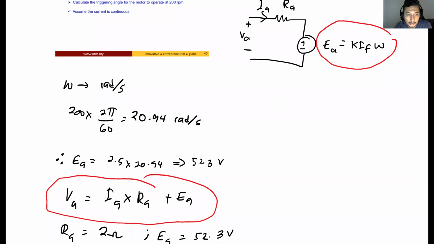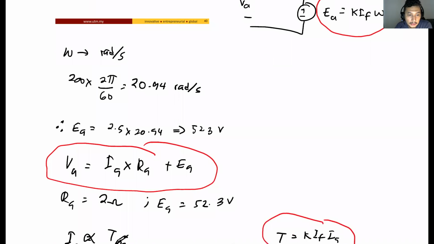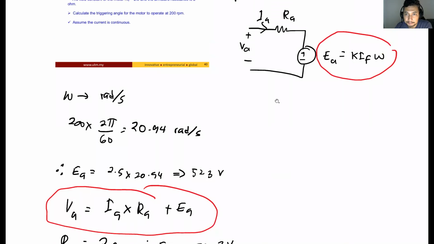But currently IA is not given. You have RA and EA. Our objective is to find VA here. What is the voltage output from the rectifier? But right now we don't have IA.